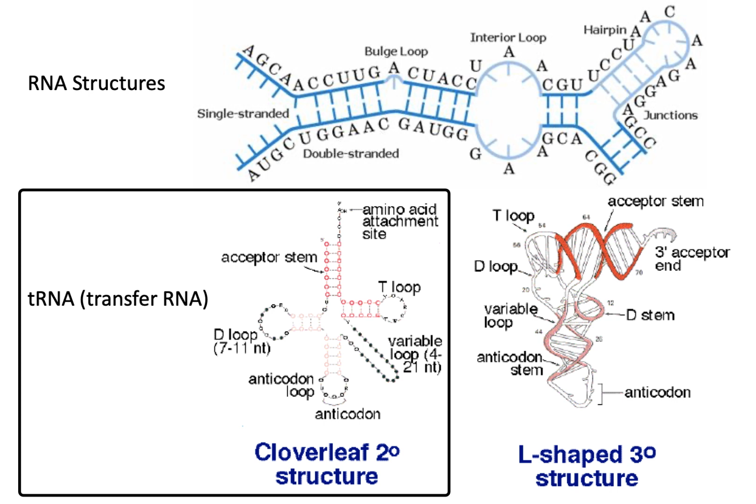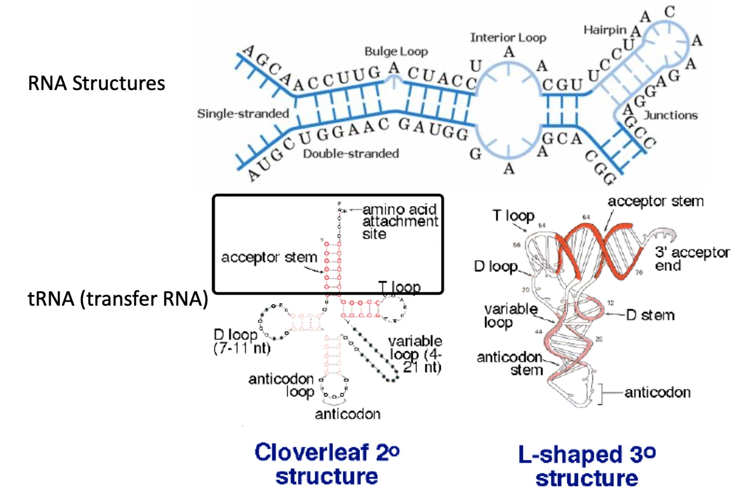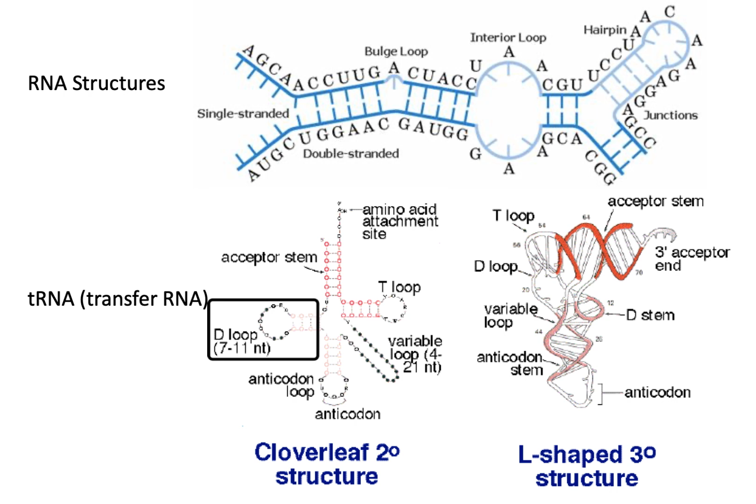This is the secondary structure. So here's the acceptor arm up here with the amino acid attachment site, which is a CCA nucleotide at the end. This is the D loop, mainly standing for dihydrouridine, because often that loop has a dihydrouridine within it, one of those different bases.